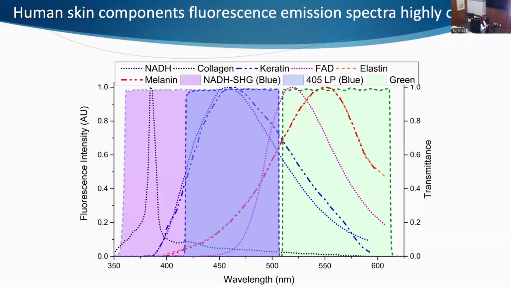That's a collection of emission spectra, fluorescence spectra of all these skin components we are interested in, the collagen is separated here. That's the SHG signal of collagen.